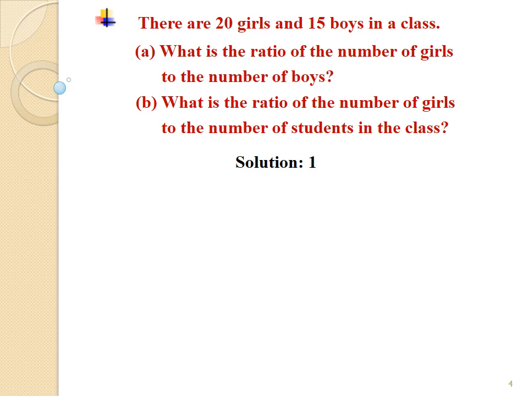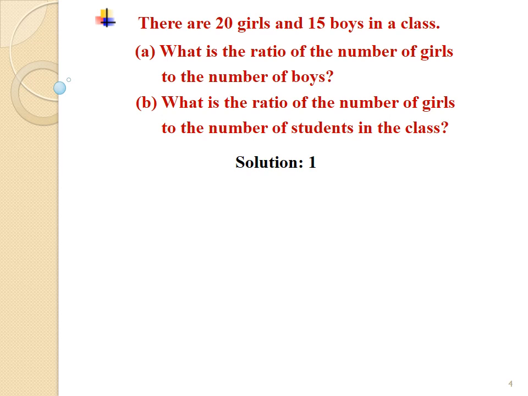Thus, in order to find the ratio of the number of girls to the number of boys, we have to write 20 on the top and 15 on the bottom. Similarly, to find the ratio of the number of girls to the number of students, which includes boys and girls, we have to write 20 up and 35 down.